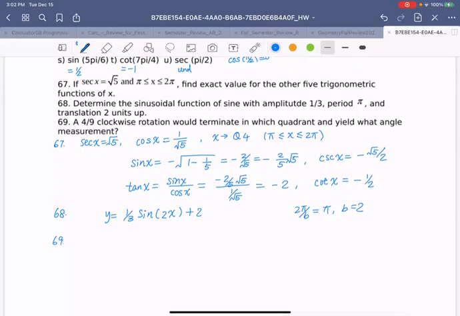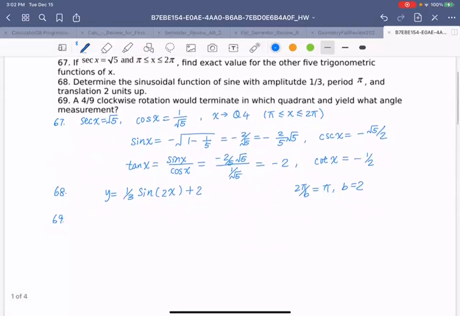And then 69. A 4/9 clockwise rotation would terminate in which quadrant and yield what angle? So this is clockwise rotation.